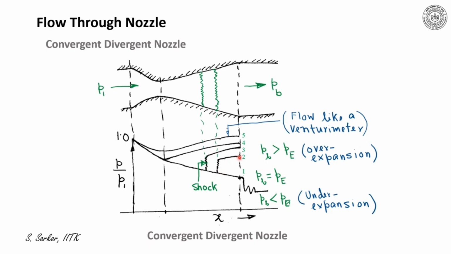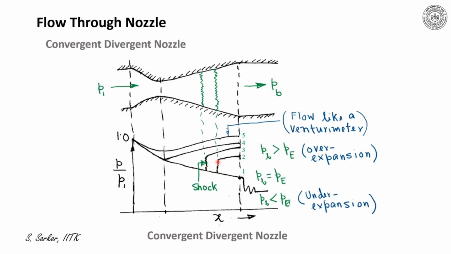And as the back pressure would increase, the shock would travel upstream. Suppose when back pressure would be P3, then the shock will form here instead of here.